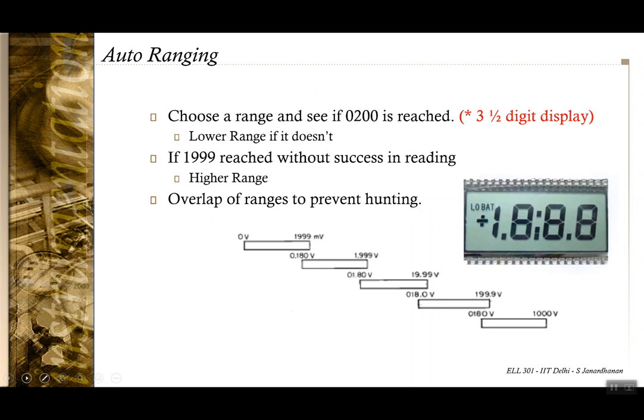Now regarding the auto ranging circuit that you can have in a digital voltmeter, the philosophy is that you have multiple ranges in a manner that there is a small overlap between the different ranges. Like here, you have one range from 0 volts to 199 millivolts.